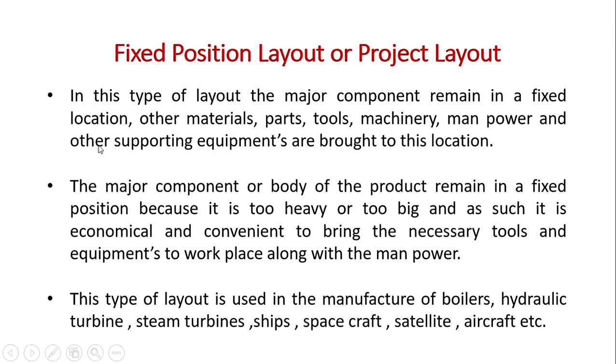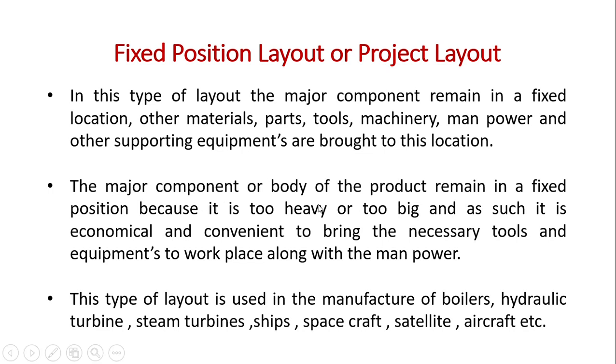Next, third type of plant layout is a fixed position or project layout. In this type of layout, the major component remains in a fixed location, and the factors of production like material, machine, tools, manpower are brought to the location.